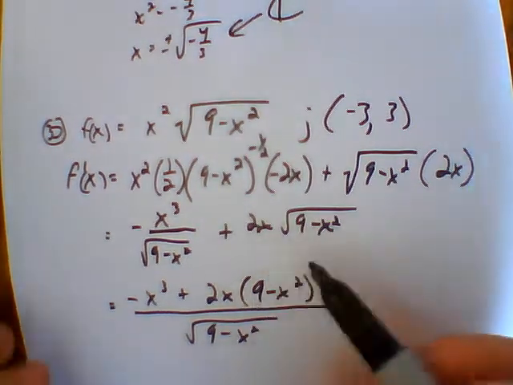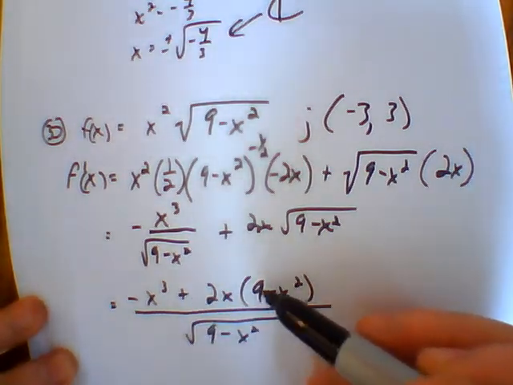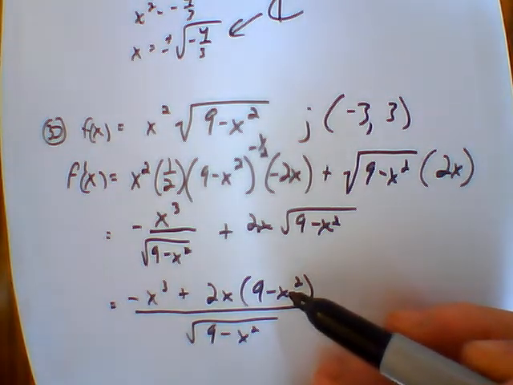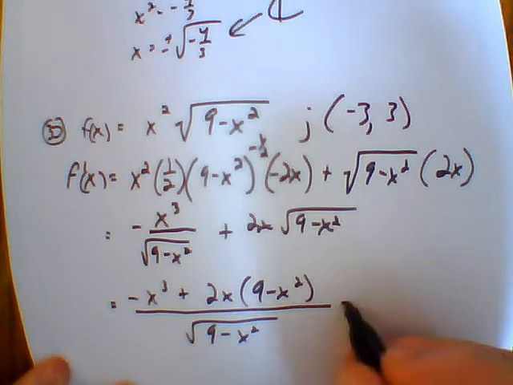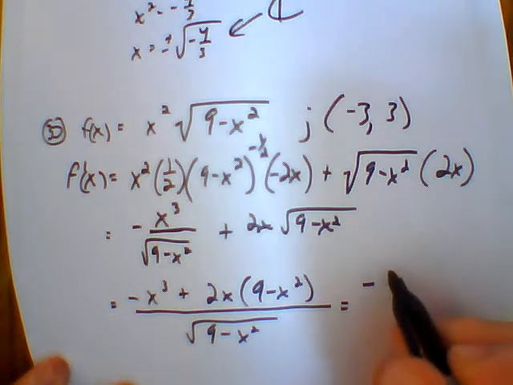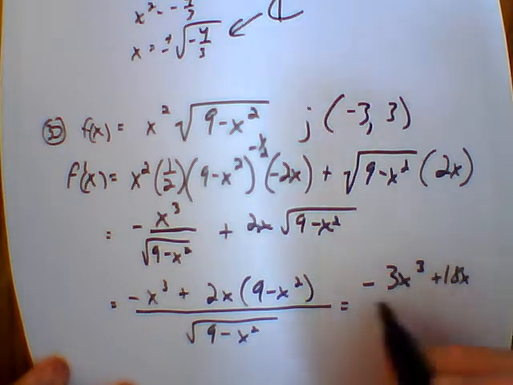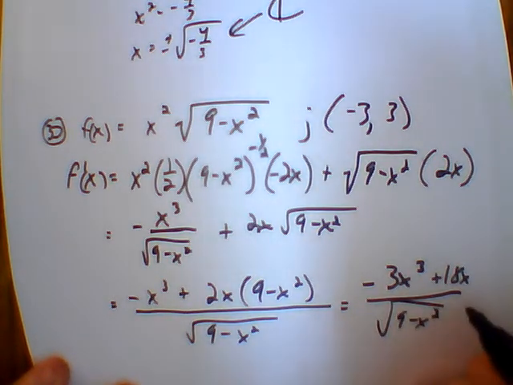So this would be 18x and then minus 2x cubed. So we see that we have a negative 3x cubed plus 18x over the square root of 9 minus x squared.